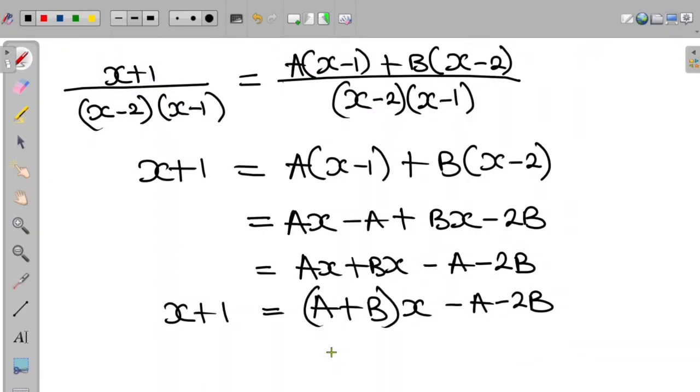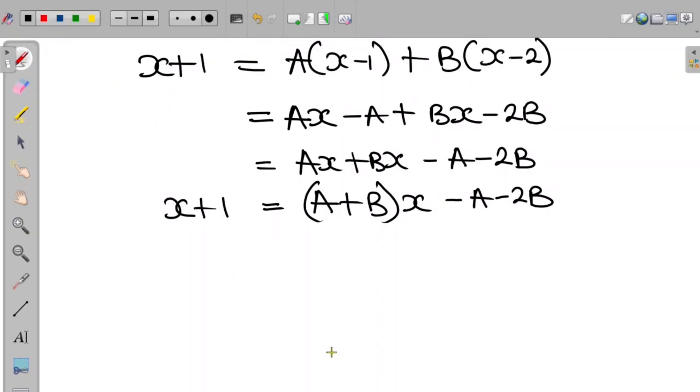Now at this point, we can obtain the values of A and B using the cover-up method or the comparing coefficient method. But in this video, we'll be using the comparing coefficient method. Look at the equation. At the left-hand side, we have a coefficient of x, which is 1.